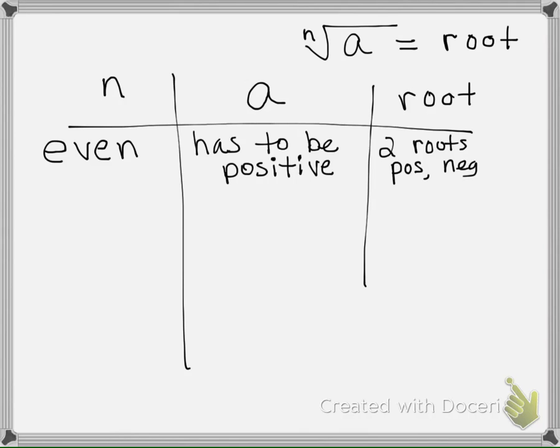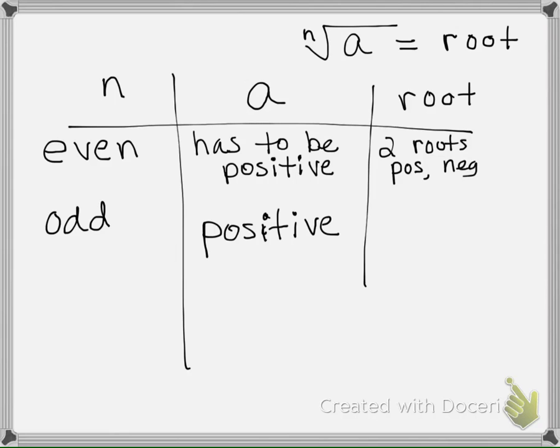Now what about if you're dealing with an odd root? You're not limited to only a positive radicand. But what if it is a positive one? What type of a root would you have? Would it be both positive and negative, or would it just be positive?